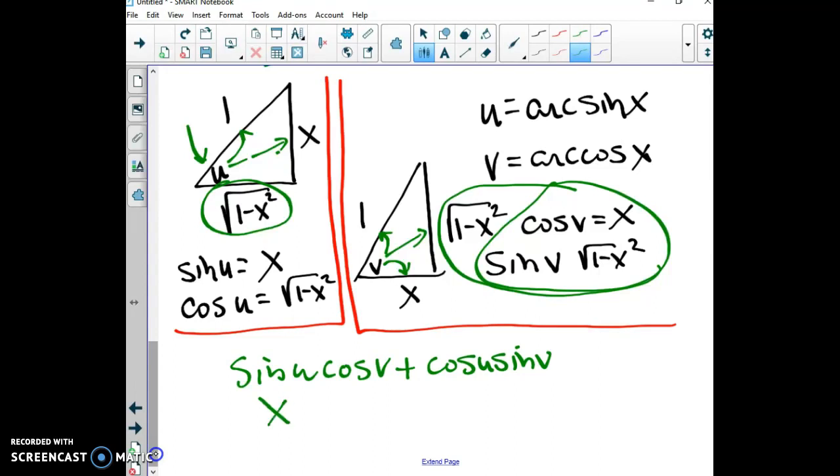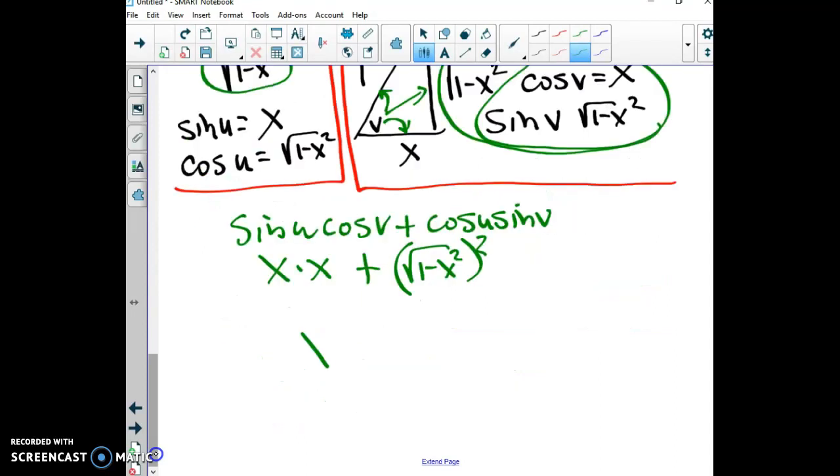Sine u is x, cosine v is x, and on this side we have cosine u, the square root of 1 minus x squared, and we're going to multiply that by itself. So we end up with x squared plus 1 minus x squared, and that equals 1.